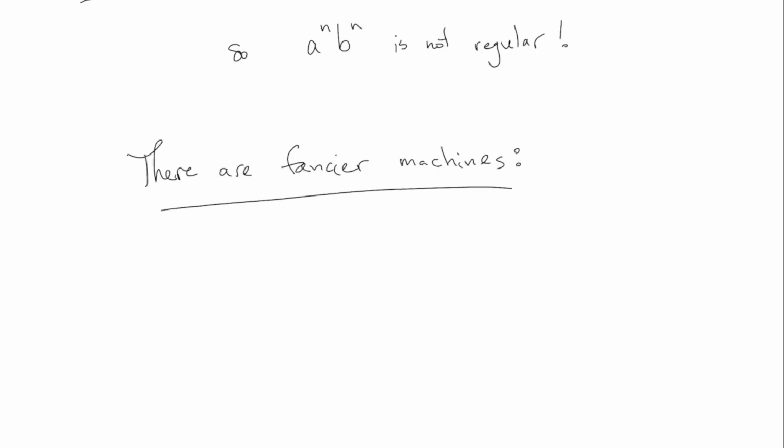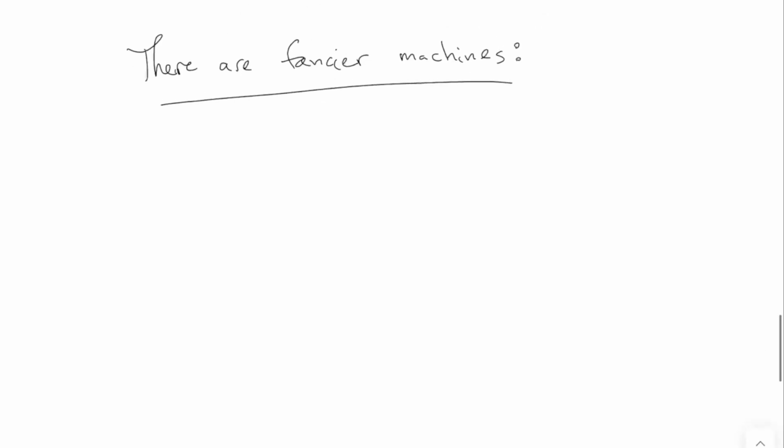But what I would like to talk about today is just a very slight variation on the DFA. I would like to talk about what we're going to call the NFA. The F and the A are the same, but the D is replaced by N. The N stands for non-deterministic.